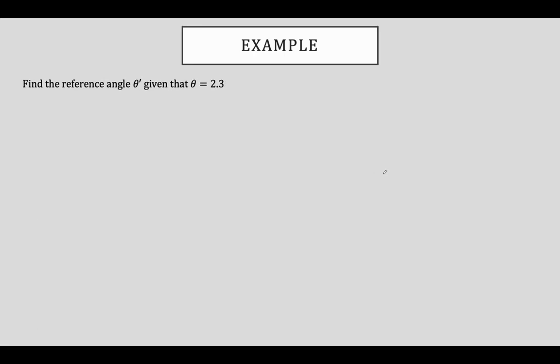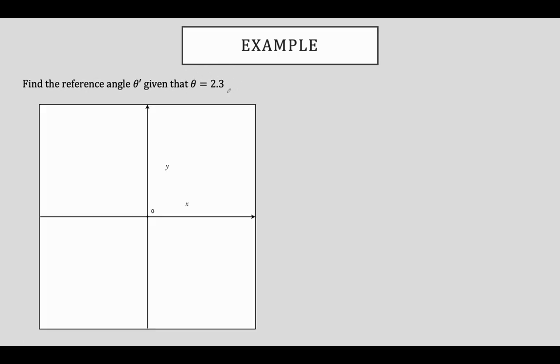Let's try another one. Find the reference angle given that theta is equal to 2.3. Well, we notice here there is no degree symbol present. That means we are talking about radians. So let's draw out a picture. What quadrant does 2.3 radians end up in?